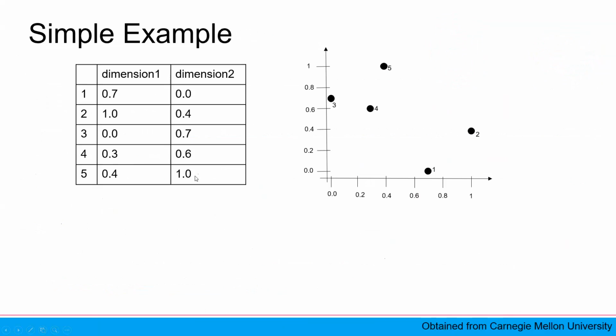So let's get back to a simple example. In this simple example, as you might know, we need to create the distance matrix. How can we create the distance matrix?